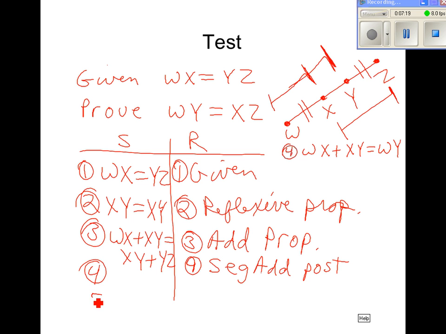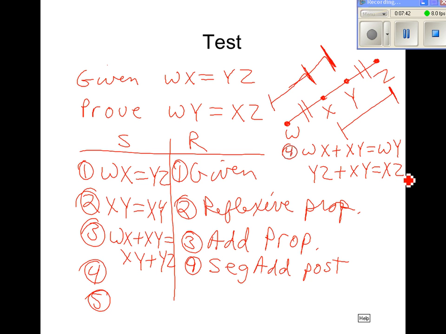Step 5 is what we're trying to prove, right? All right, so I'll go ahead and write this one out. The other one said what? Let's see, we got XY plus YZ equals XZ. Well, look at what we have here.